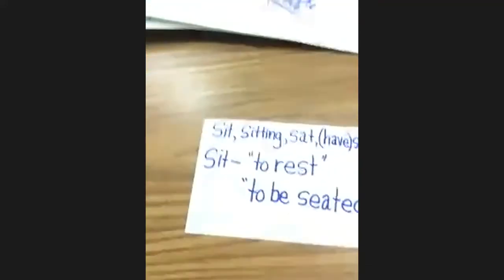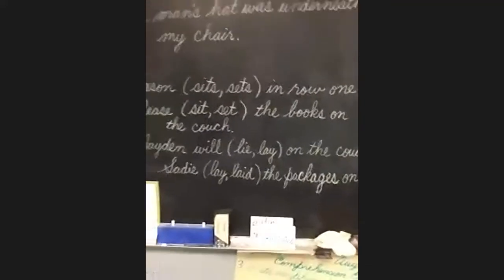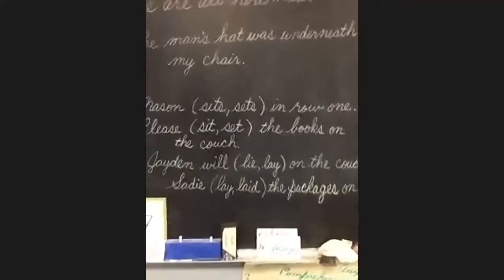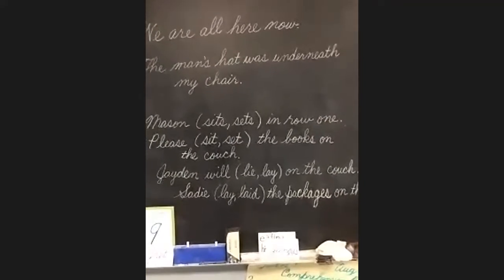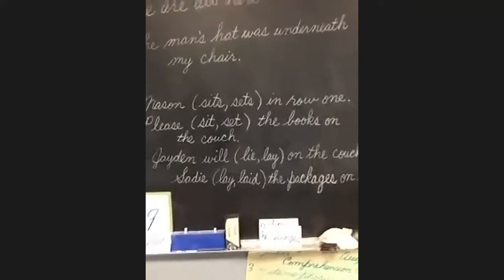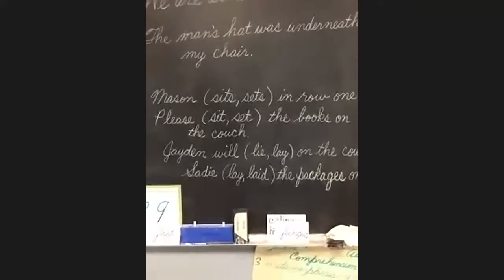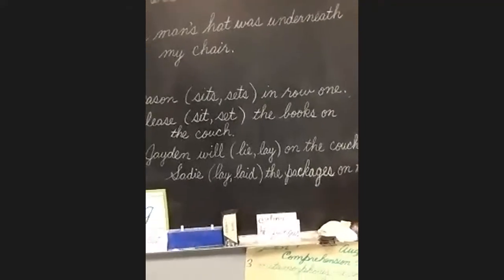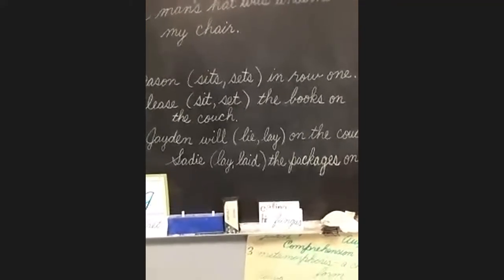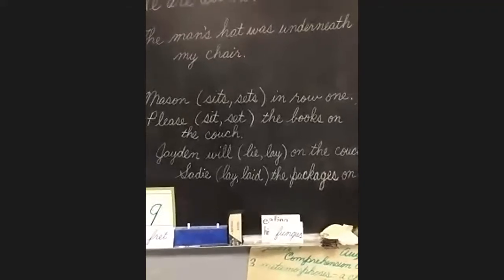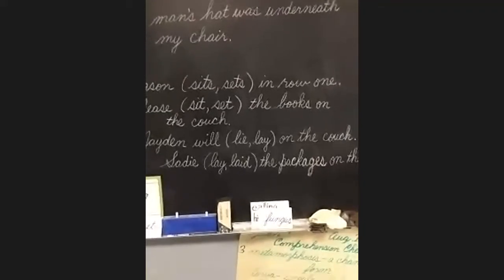Okay. Now, if you want to take a look here, I've written a few things on the board. You see that? I'm going to have to stand back here to make this work today, but I'm just going to say it. You still hear my voice back here? Mason sits or sets in row 1. I think that's true, isn't it?